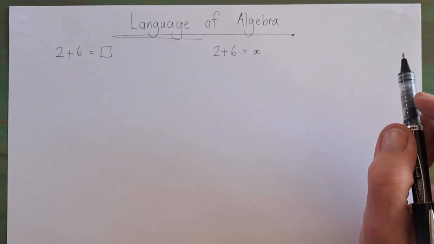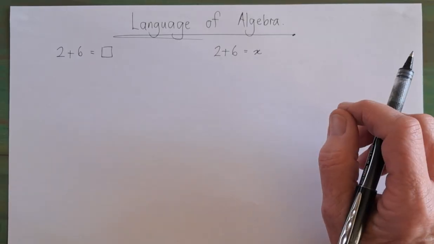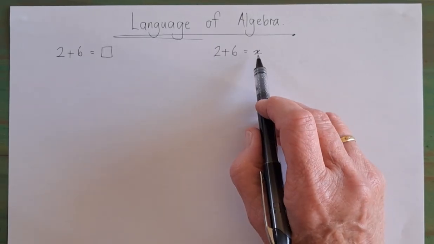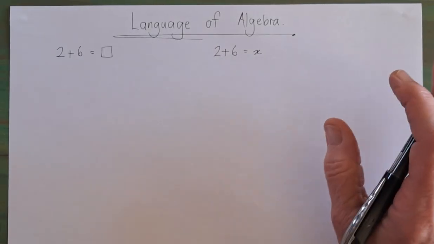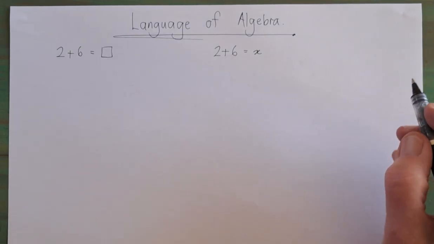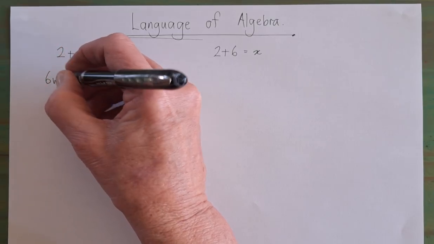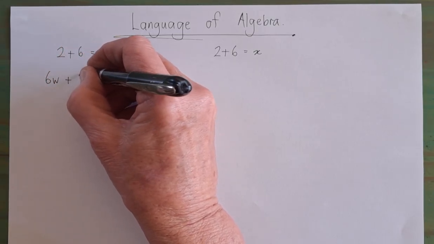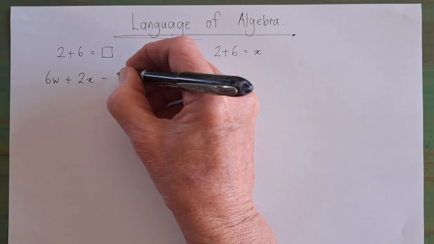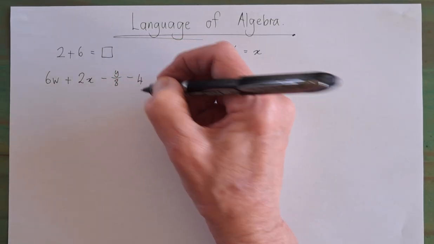So in algebra we get many different forms and combinations of these letters, which are called variables, and numbers and combinations of numbers and variables. So I'm going to give you 2 examples for now. Let's start off first of all with 6w plus 2x minus y over 8 minus 4.